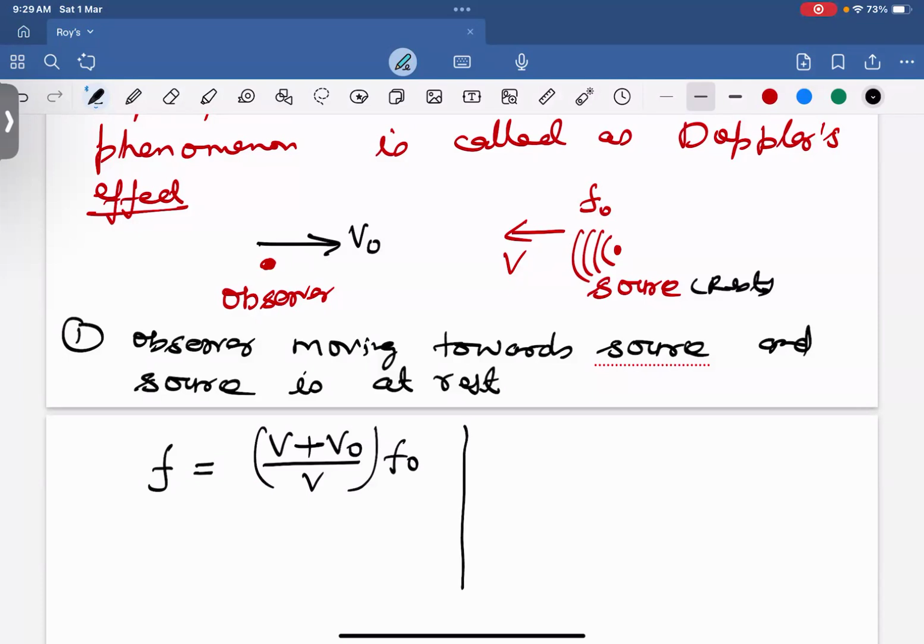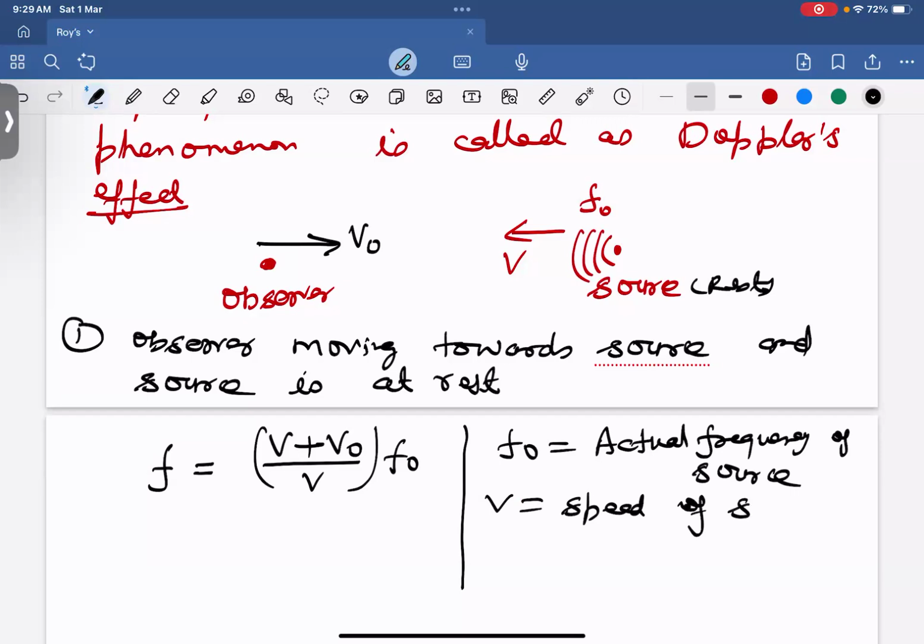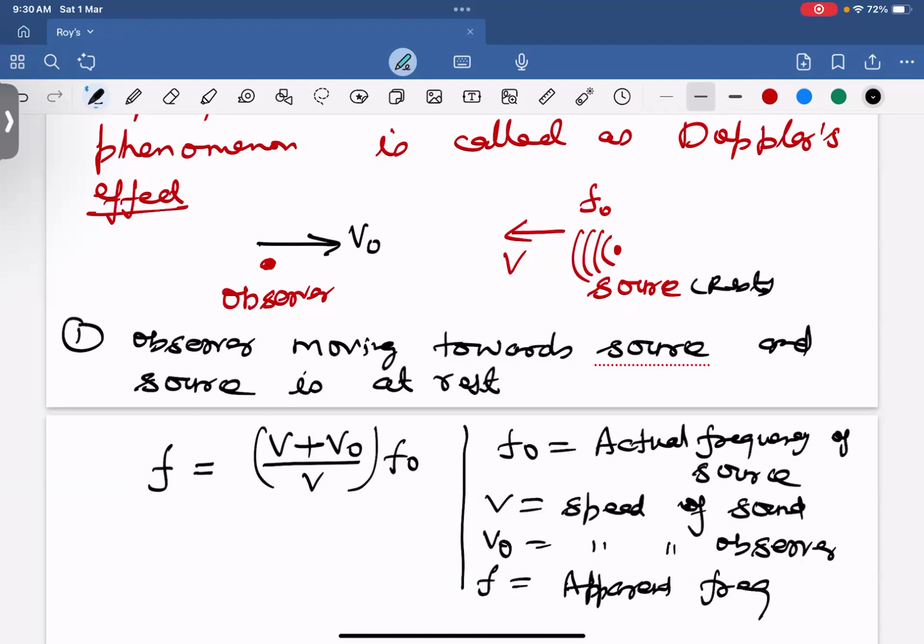Here I write the convention: f naught is the actual frequency of source, v is the speed of sound, v naught is the speed of observer, and f is called the apparent frequency heard by the observer.